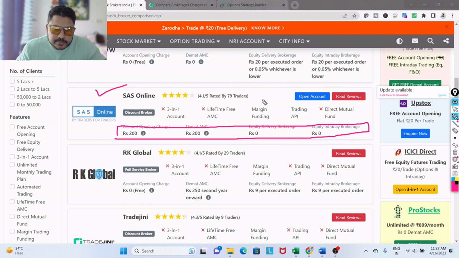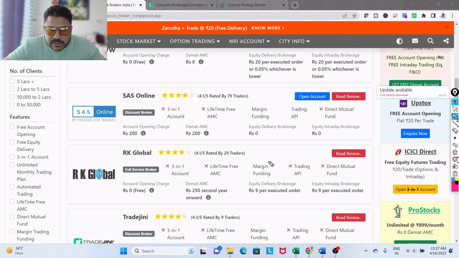Usually they have a monthly plan also, which is like 999. You pay this so that you can trade unlimited. No matter how many trades you do, you won't be paying any charges except for the standard taxes, which are applicable across all the brokers.